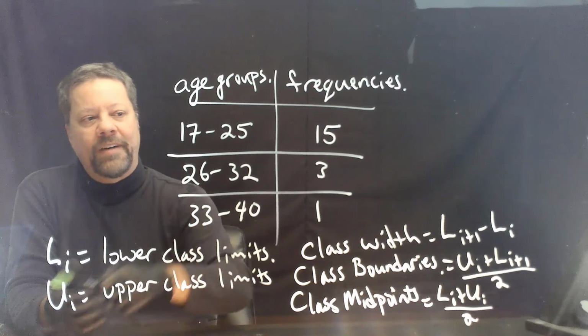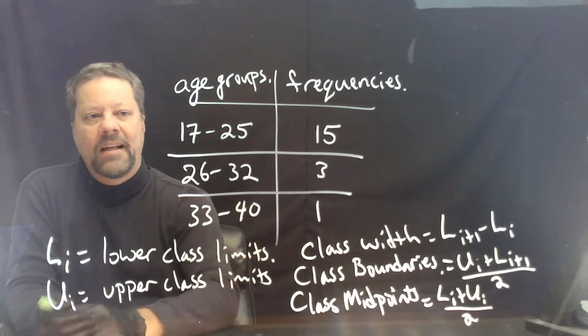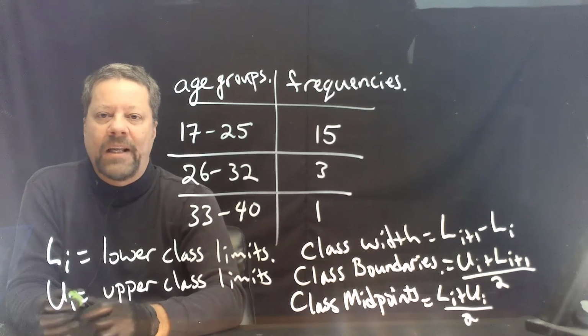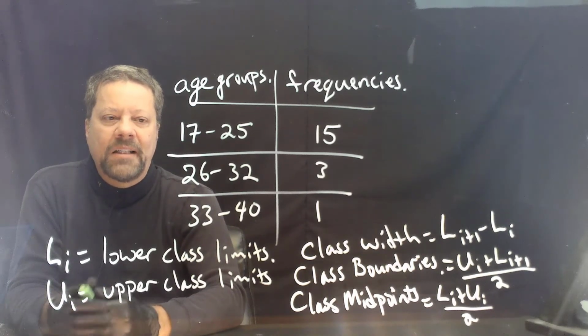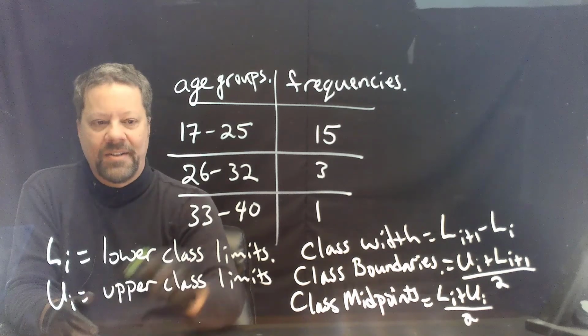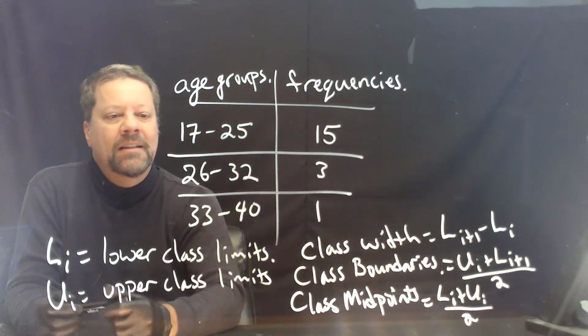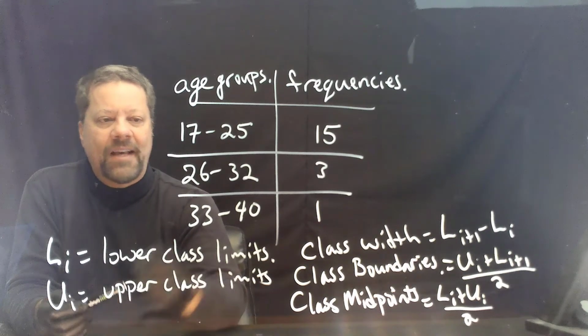So if we wanted to divide into 3 categories, suppose we have 40 as an upper limit and 17 as the lower. 40 minus 17 is 23. Divide by 3, and you get approximately, well, a little bit bigger than our class widths. You can see that 33 minus 26 is about 7.